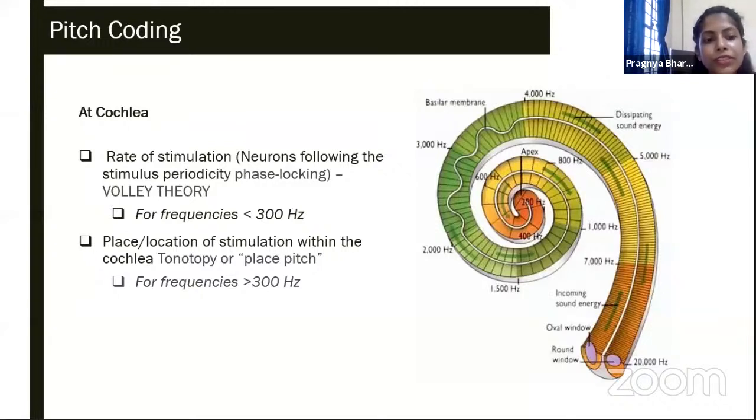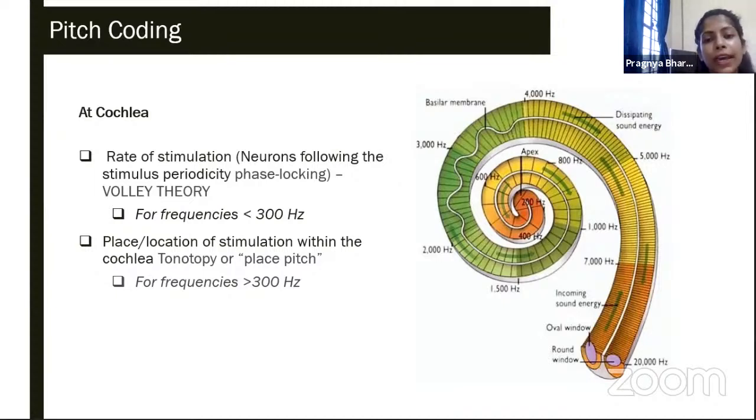Coming to the pitch coding strategy, as we all know, in the natural cochlea, there are two theories by which the cochlea codes pitch. One is the place theory and one is the rate theory or the volley theory.